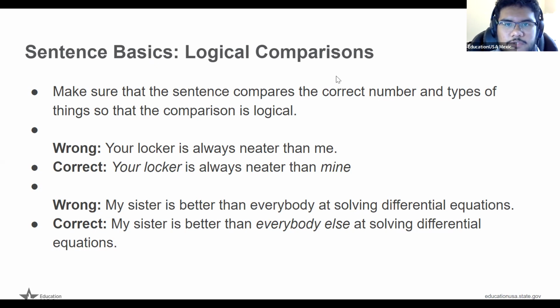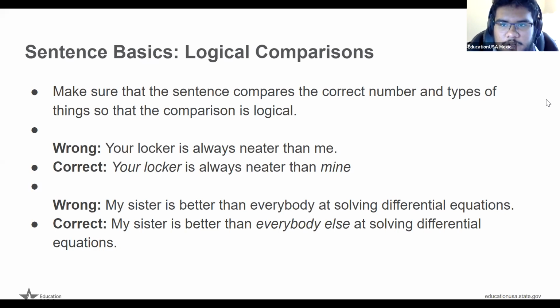For the next example, we have, "My sister is better than everybody at solving differential equations." It might seem like it could be an okay sentence, but it's a bit ambiguous because when you say everybody, it implies every single person ever. Maybe it could be everyone in a specific context, but that's not necessarily clear here.